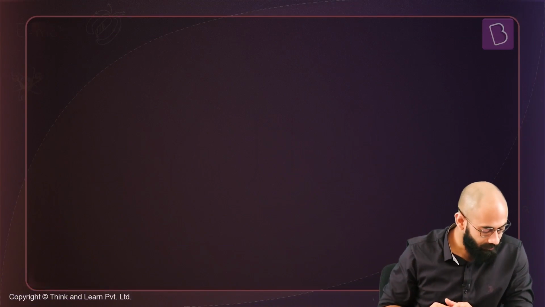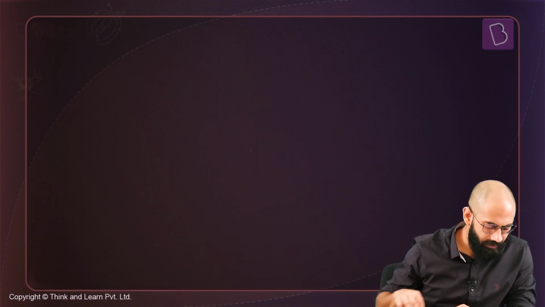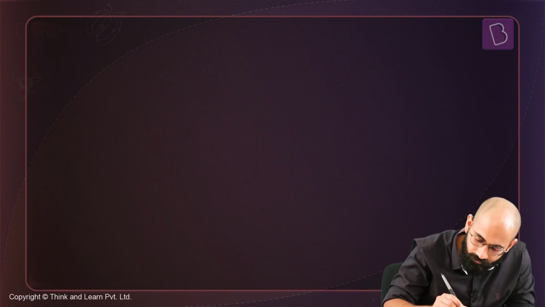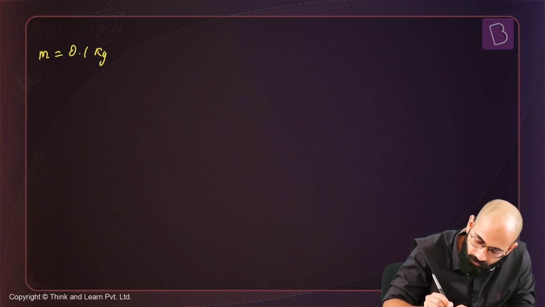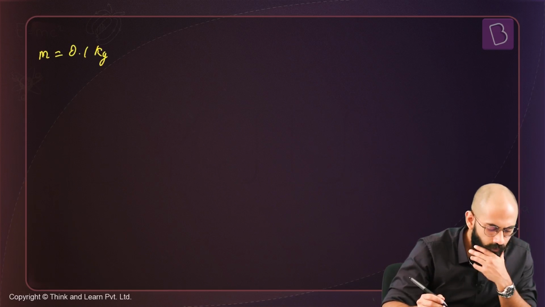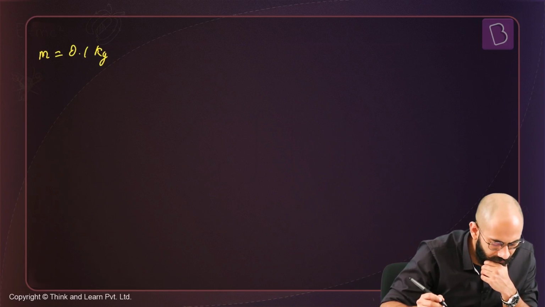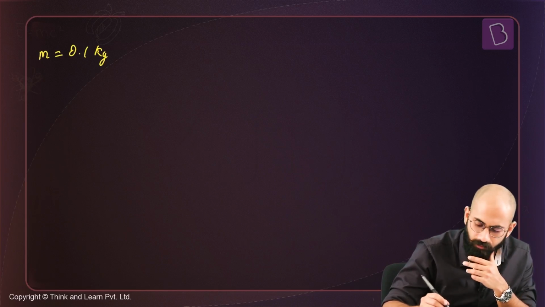So in this problem, we have a small body of mass, it's given to us 0.1 kilograms, that moves in a reference frame rotating about a stationary axis with a constant angular velocity.